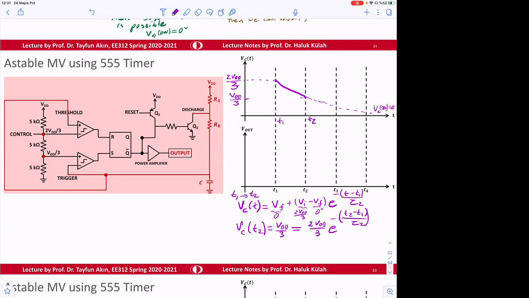So from here you can extract the time, let's say this is x, or T2 minus T1, which is equal to x, equal to tau 2 ln 2.